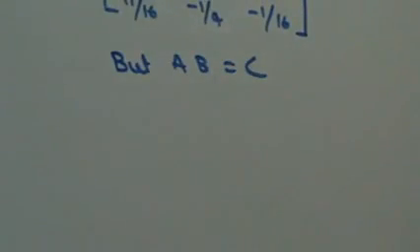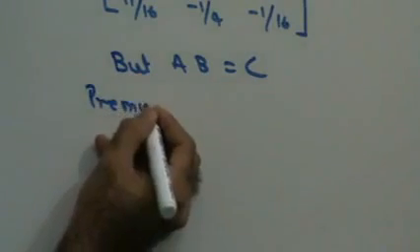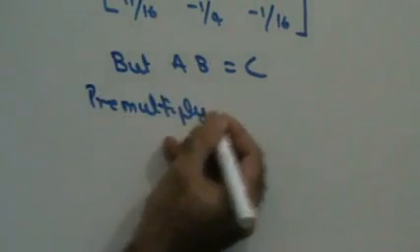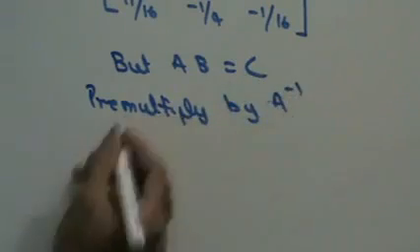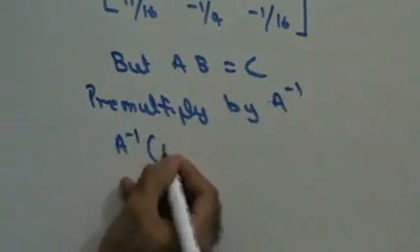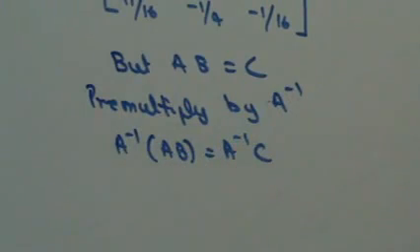Right? Now, if AB is equal to C, pre-multiply this equation by A inverse. If I pre-multiply by A inverse, that means I will get A inverse into AB is A inverse into C. Fine, do we get this thing here?